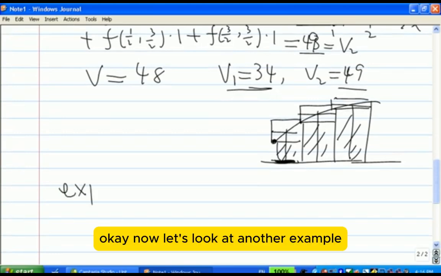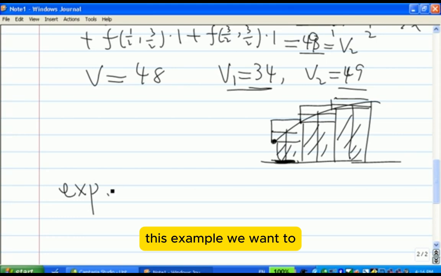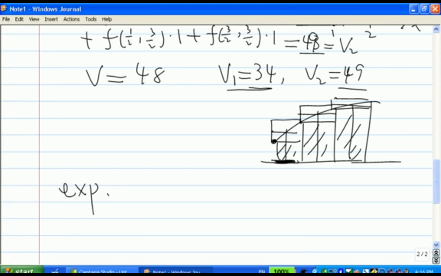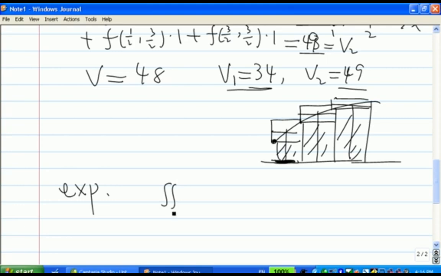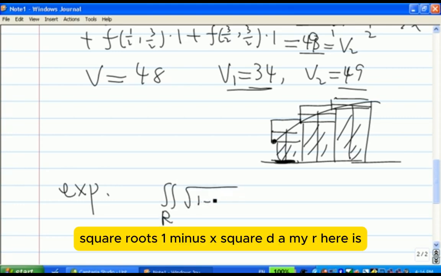Okay, now let's look at another example. We want to find this double integral, square root of 1 minus x squared dA.